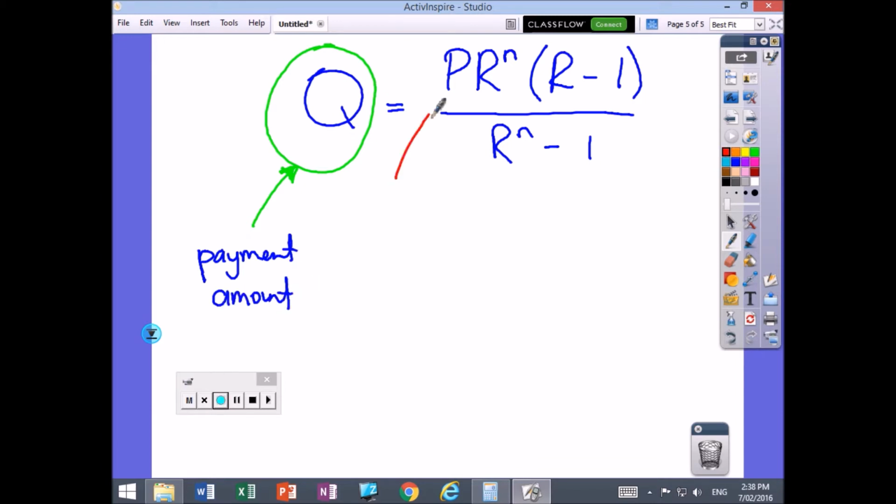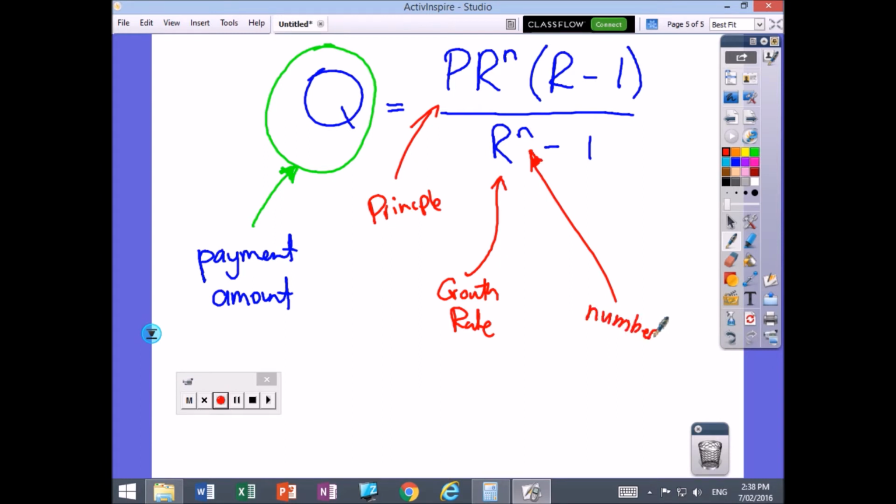That one's principal still. Growth rate or growth factor, and this is the number of payments. There we go.